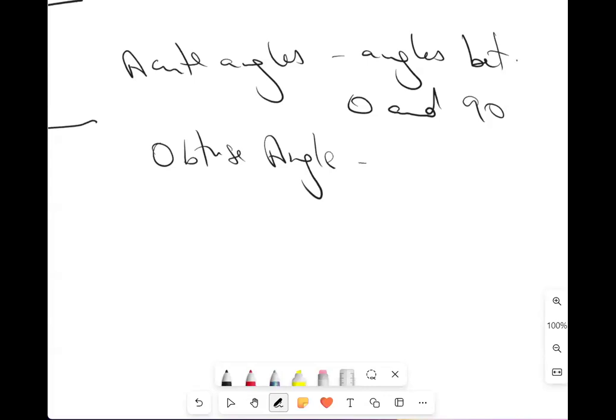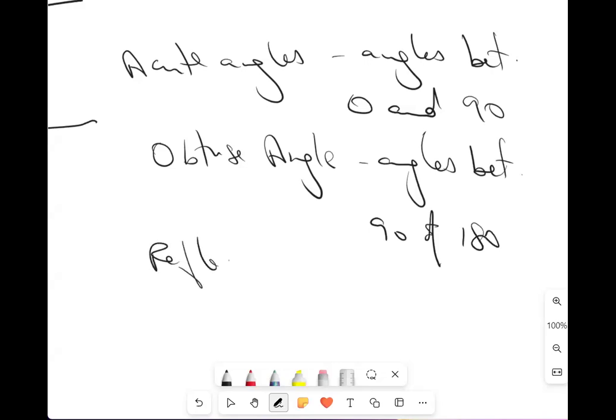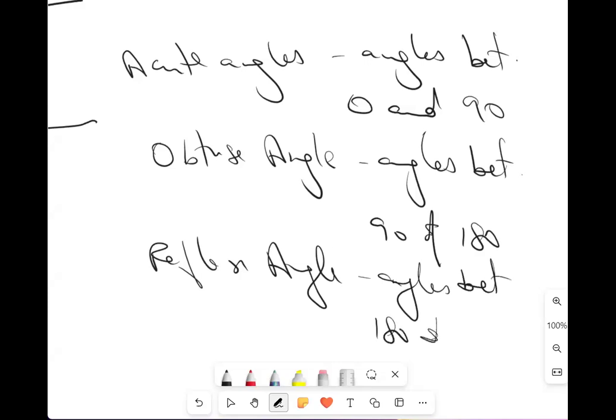That's angles between 90 and 180. We hear about reflex angle. That's angles between 180 and 360. We hear all those terms.